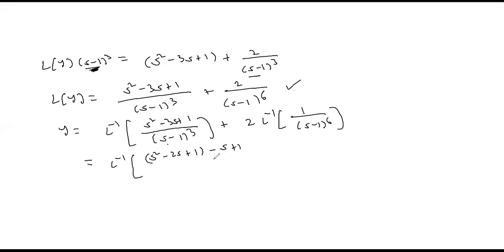Here s square minus 3s plus 1, so the 1 is already there. Divided by s minus 1 whole cube, plus 2 times L inverse of 1 by s minus 1 whole power 6.